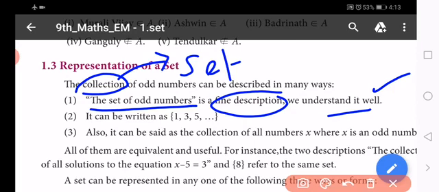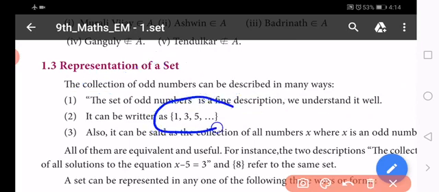And the second one can be written with curly brackets. The elements, that is the odd numbers, are separated by commas within curly brackets: 1, 3, 5, etc. What does the dots represent? The dots represent that the set continues in that order.